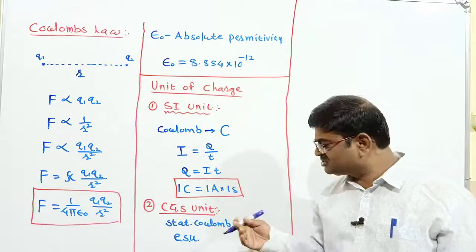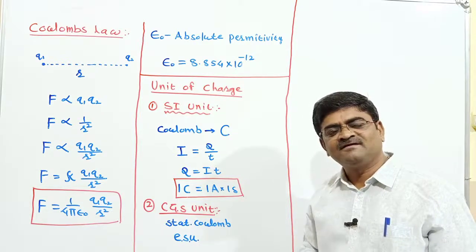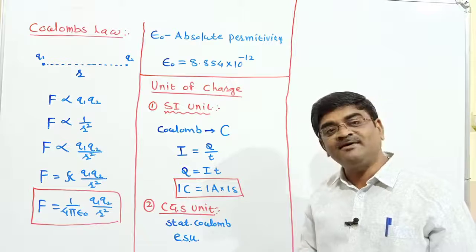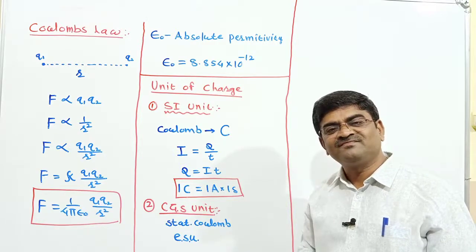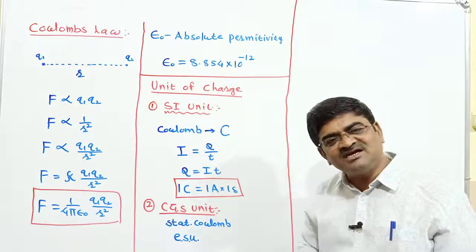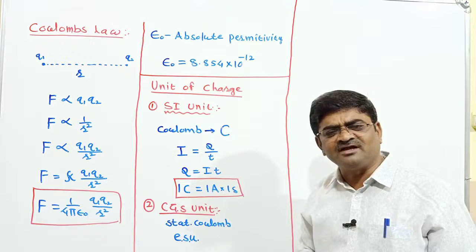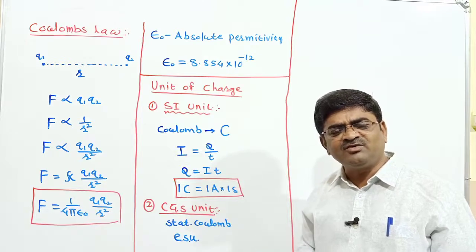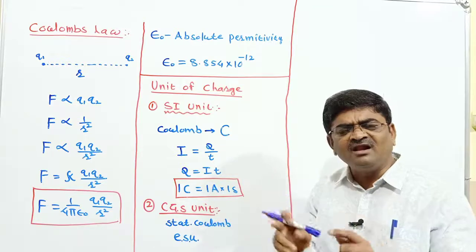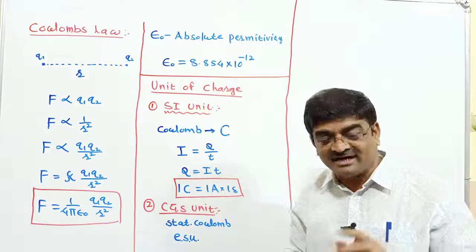Now, when I mention that the CGS unit is stat coulomb, I need to talk about the relation between these two, coulomb and stat coulomb. Generally, meter is a unit of length, and centimeter is a unit of length in CGS, and you know very well how units from one system to another are related, at least fundamentally.